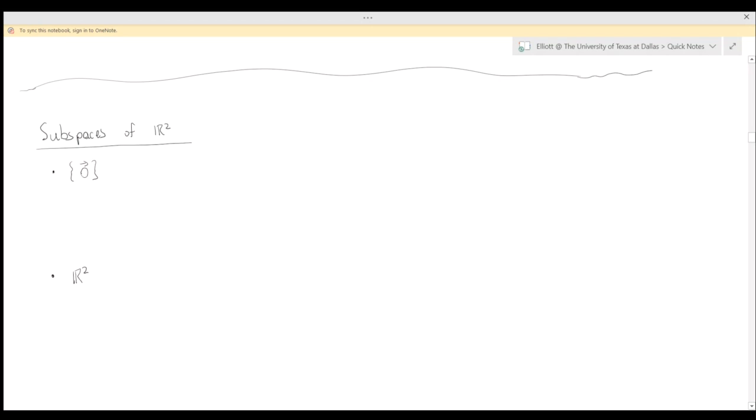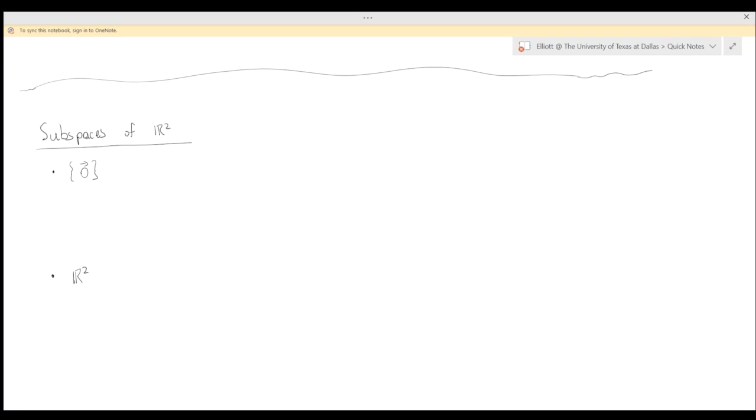All right, so first things first, it's good to note that every vector space is going to be a subspace of itself. In other words, R2 is a subspace of R2. Similarly, if you take the set just consisting of the zero vector, that will always be a subspace as well. It's closed under addition because 0 plus 0 is always 0, and it's closed under scalar multiplication because if you multiply 0 by a scalar, it's just going to be 0, okay?